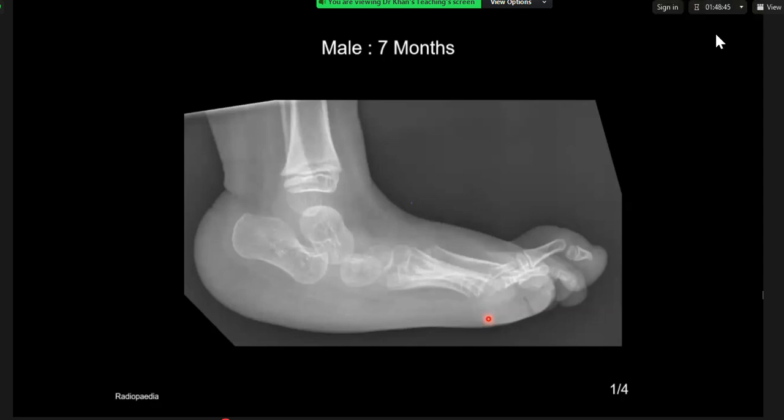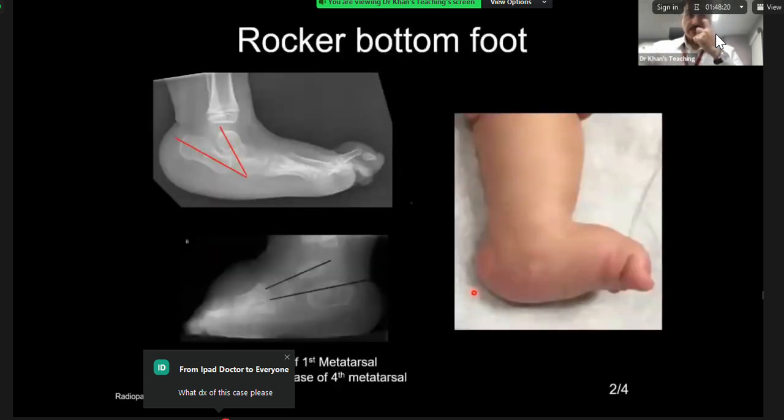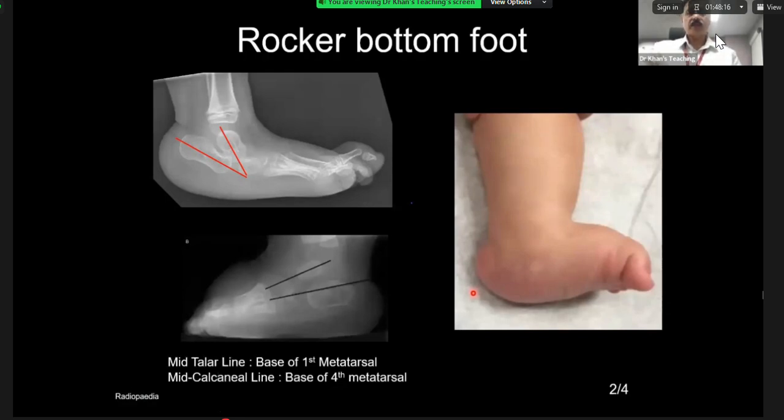It just appears... So like the talus looks very... what's that word? The talus has an abnormal configuration. Yeah, excellent. So rocker bottom foot is basically a vertical talus, right?